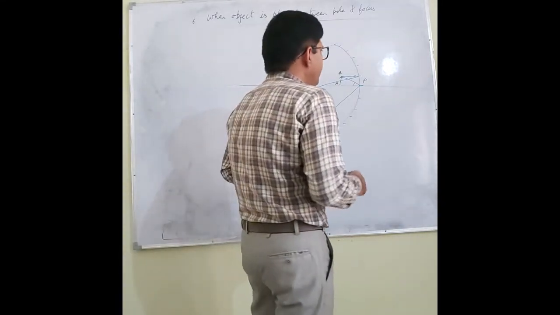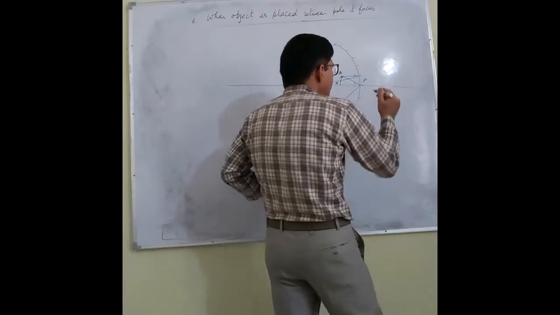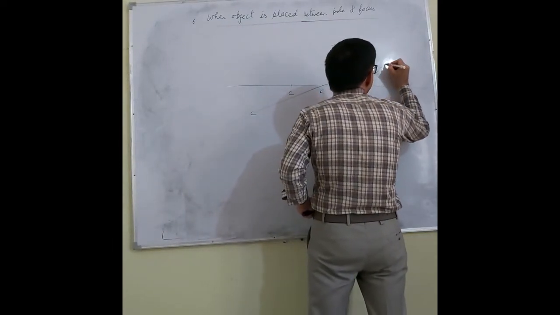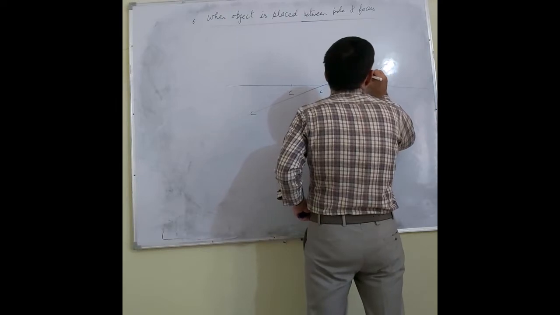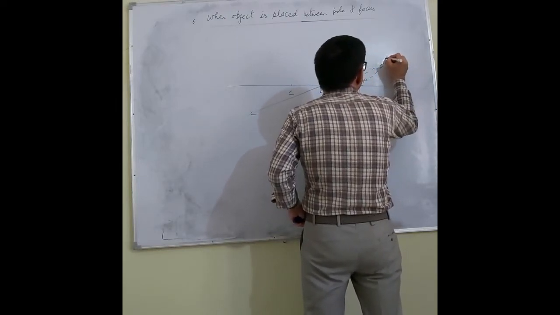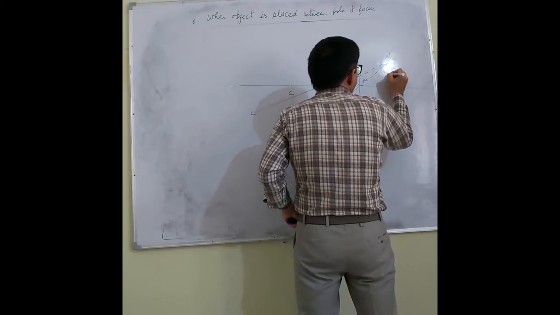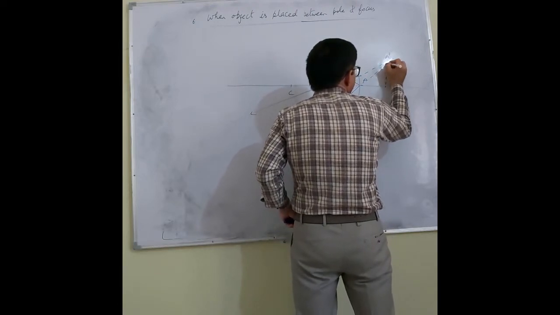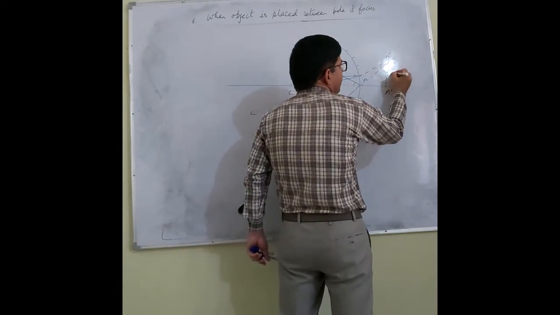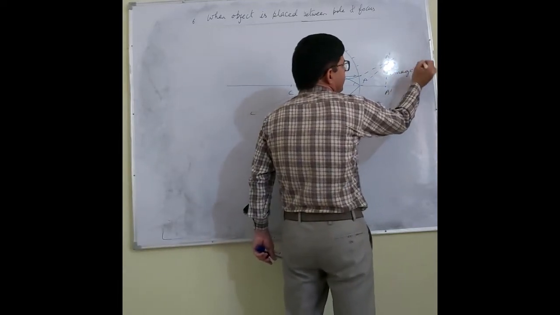So what can we do? If we produce these rays backward, they meet at B dash, and I will say that A dash B dash is the image.